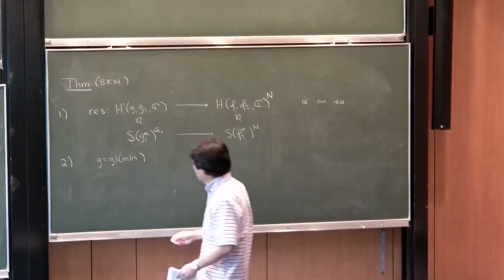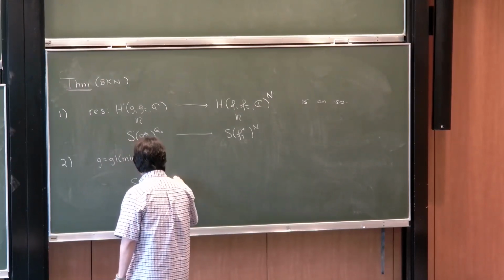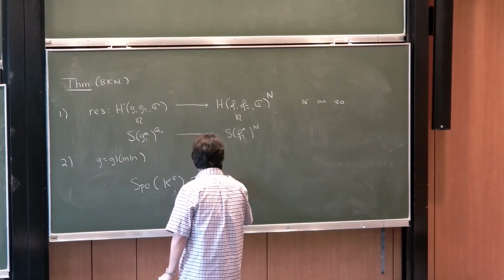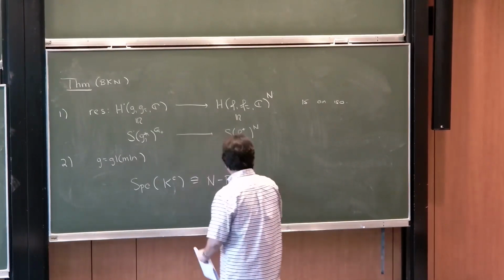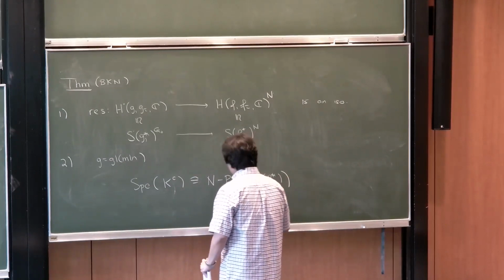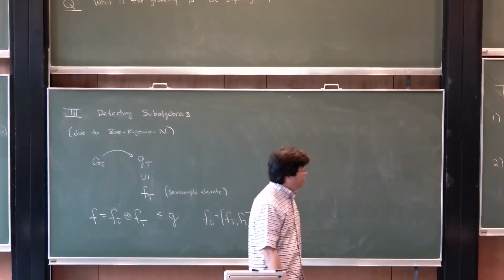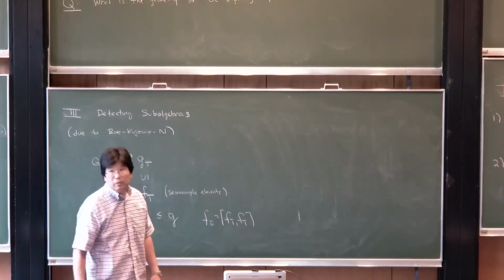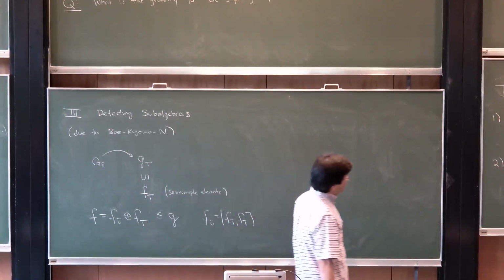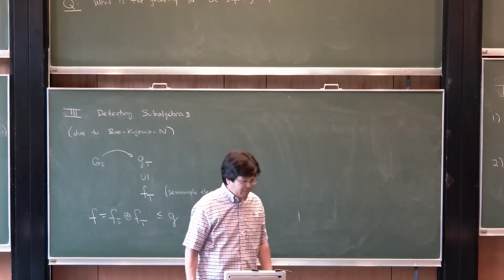And so the Balmer spectrum of the stable category in this example identifies with N-Proj of the symmetric algebra on F1. I think a lot of people call this a stack function. Basically, you take the N orbits on F1 and then you topologize this. So it's not just Proj, but you actually have to use an N-Proj to enhance things.